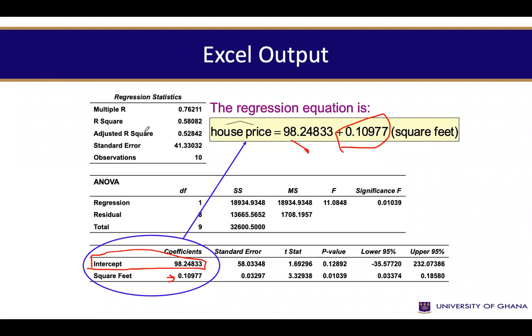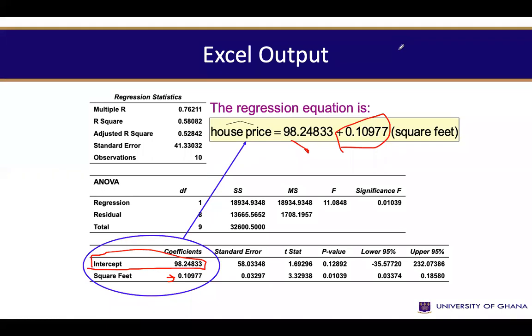Okay, Maureen, how is the slope interpreted? Nobody wants to help you out. So, it means on average the price of the house will increase by 109.7 as a result of the unit increase in the size of the house.